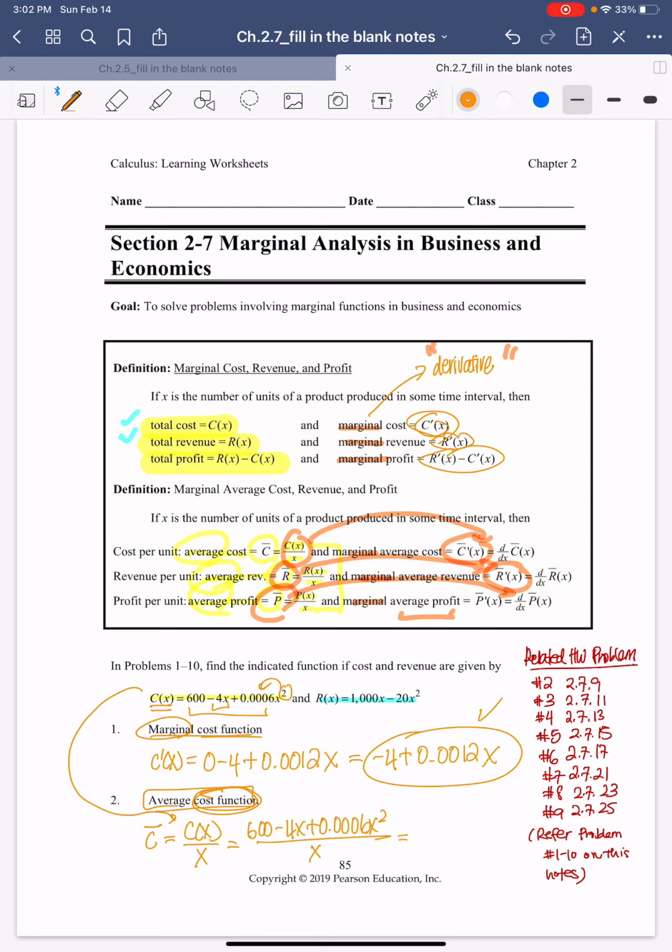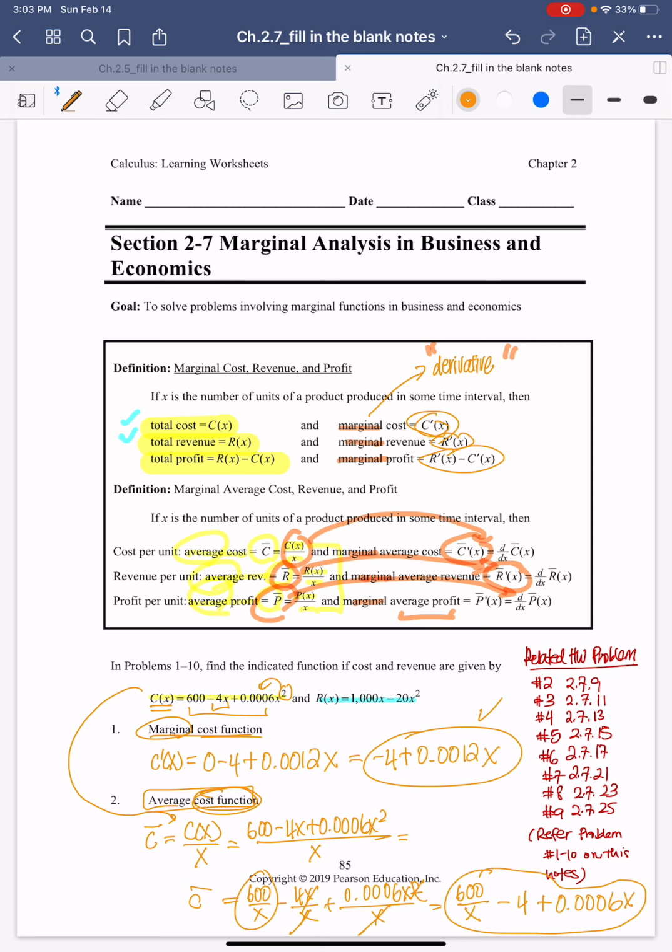You can leave it like this, or you can simplify further. I'm going to separate term by term. So this is 600 over x minus 4x over x plus 0.0006x squared over x. I cannot simplify the first term, so 600 over x stays, the x cancels in the second term, minus 4, and one of the x cancels out in the last, so I have 0.0006x as a final answer. That's your C bar.